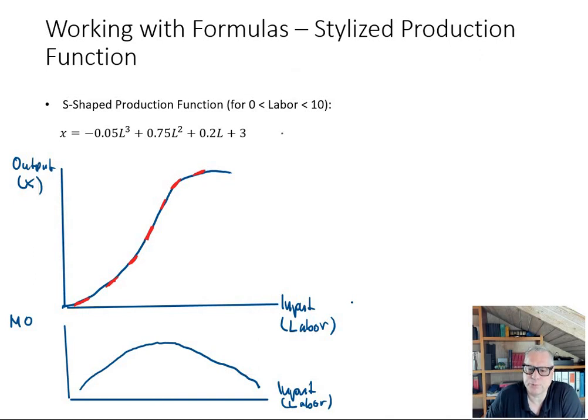So the marginal output is equal to, so the 3 in this term goes in front. So we have 3 times negative 0.05. If we do the math, it will be negative 0.15 L, and then we have to subtract from the exponent 1, so we get squared. Plus, the next term, 2 goes in front, 2 times 0.75, that's 1.5.